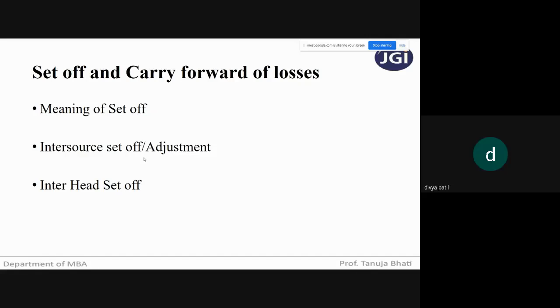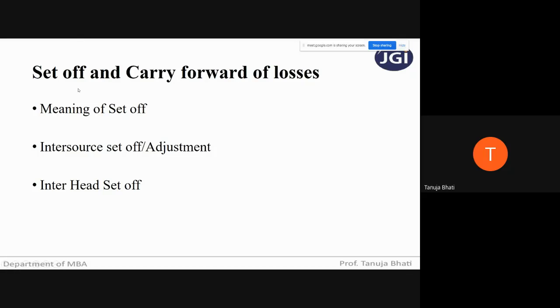Yes, ma'am. Okay, but now there are certain inter-source set-offs which cannot be done. So let us see what are the impermissible inter-source set-offs. Like long-term capital loss. We know that under the head capital gains, we have long-term capital gain and short-term capital gain.